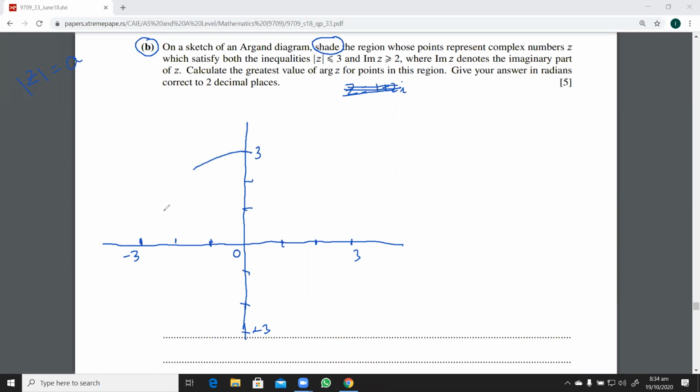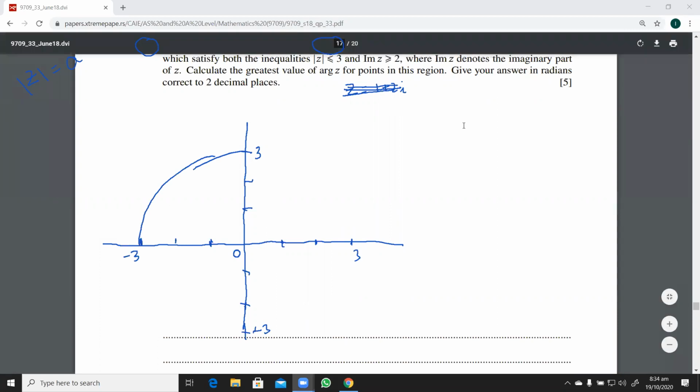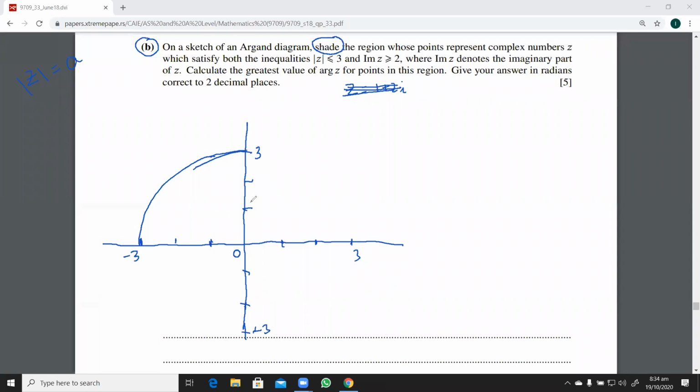So now, I'll try my best to draw a good circle.